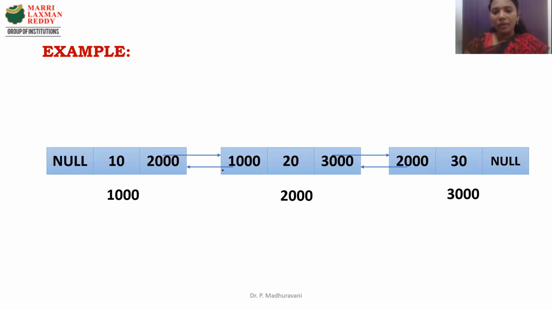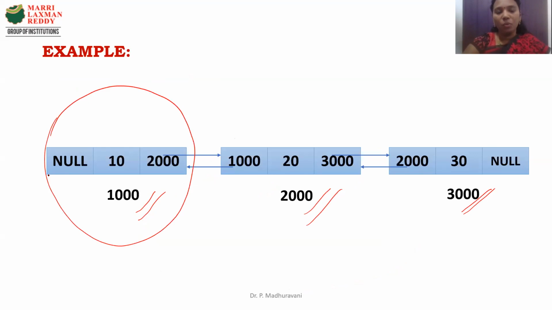Let's take an example. Consider a doubly linked list of three nodes, where the first node is located at position 1000, the second node is situated at 2000, and the third node at 3000. Just consider the first node, which is located at position 1000, where the data field we have initialized with the data value 10.